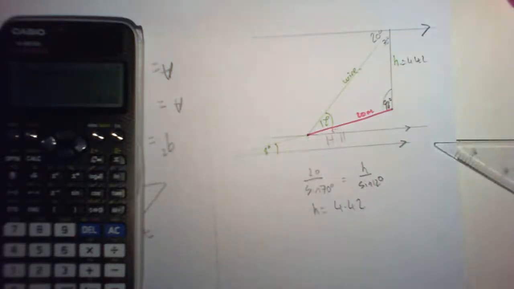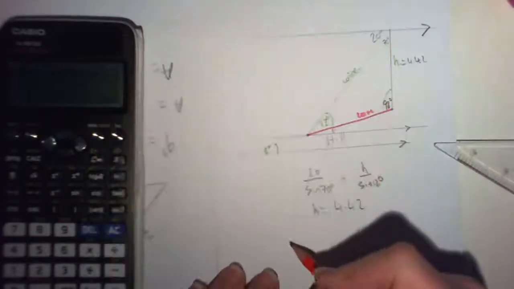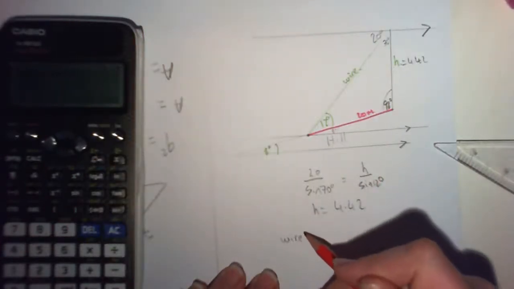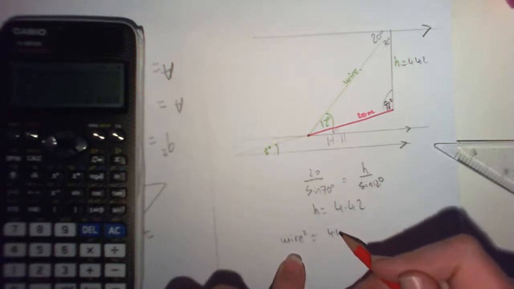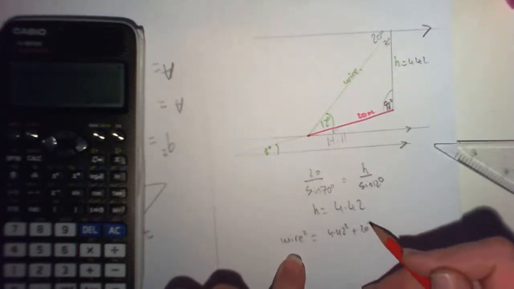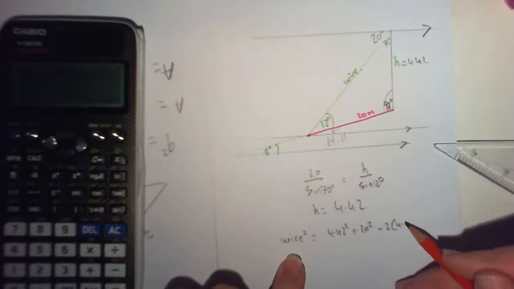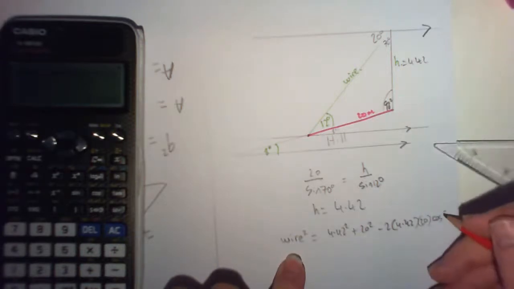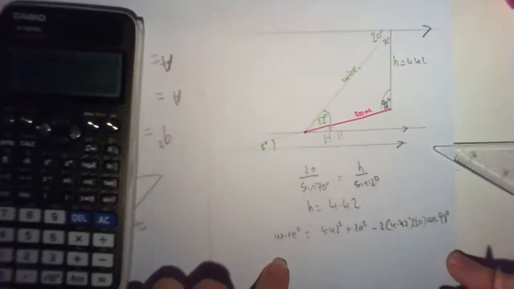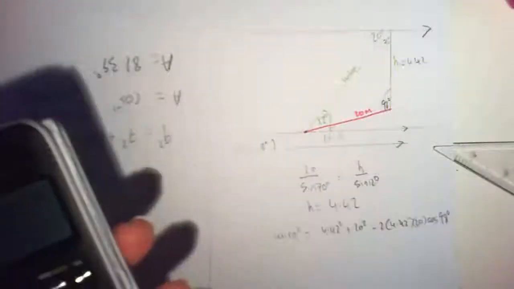I can do sine rule again, but let's do it for the crack of it. Wire squared is going to be equal to 4.42 squared plus 20 squared minus 2 times 4.42 by 20 by the cos of 98. Just for the crack. Probably could have done the sine rule, but listen, life's too short to do it the cool way.